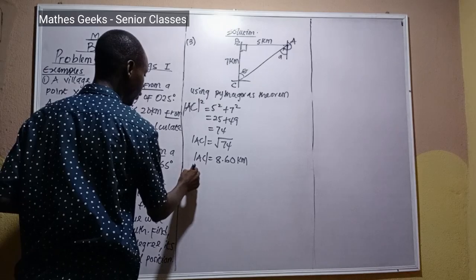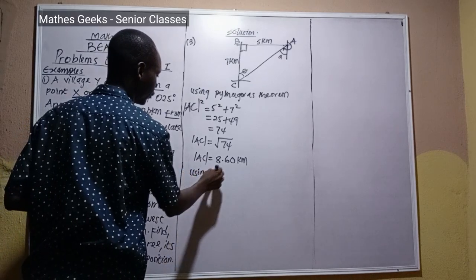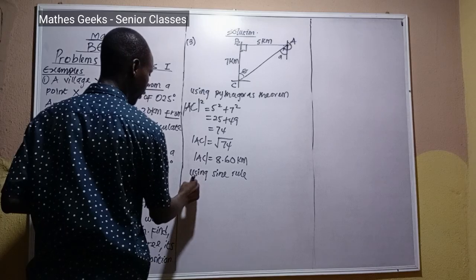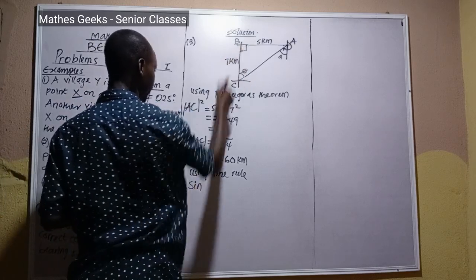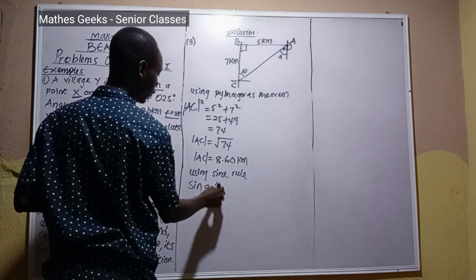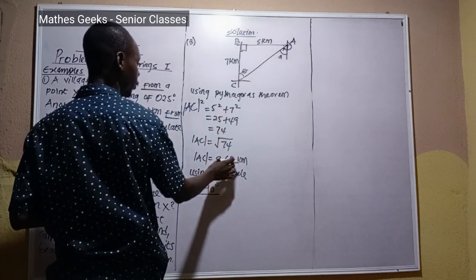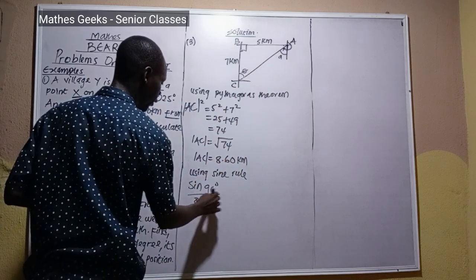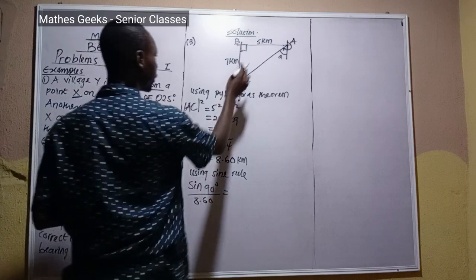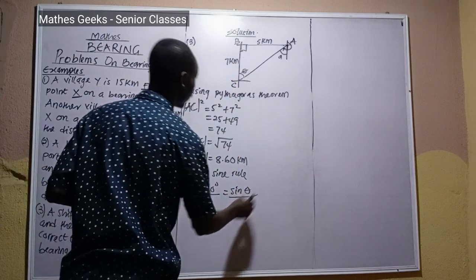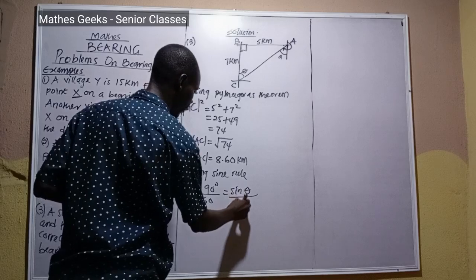So using the sine rule: sine 90 degrees over this side, which we got using Pythagoras theorem, 8.60, is equal to sine theta, the angle we are going to calculate, over the side, which is 5.